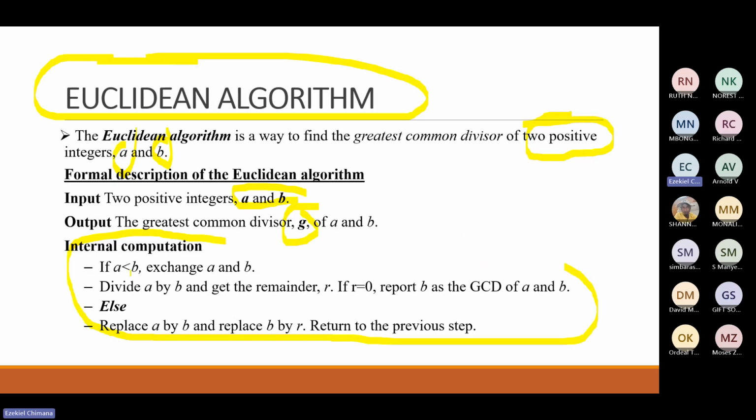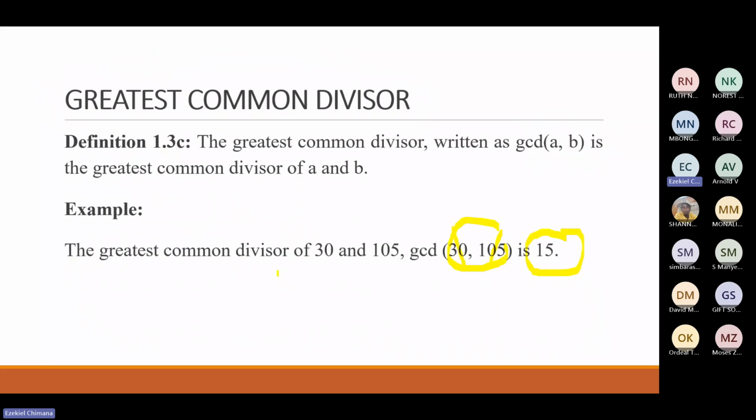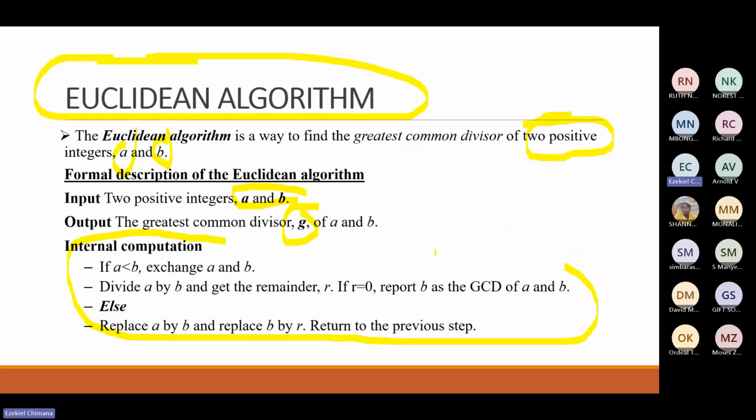If A is less than B, you need to exchange those values. So A must always be greater than B. If A is less than B, exchange A and B, so your B will become your new A and your A will become your new B.